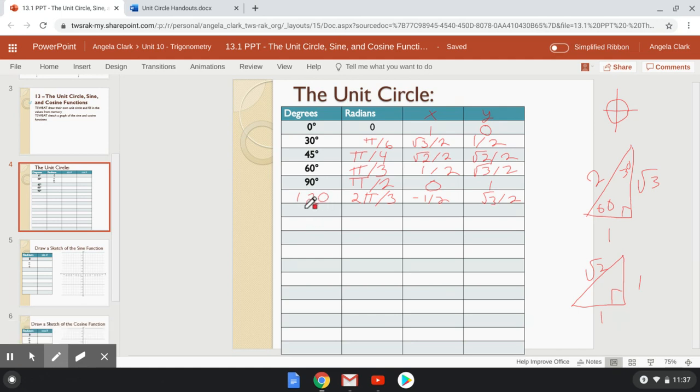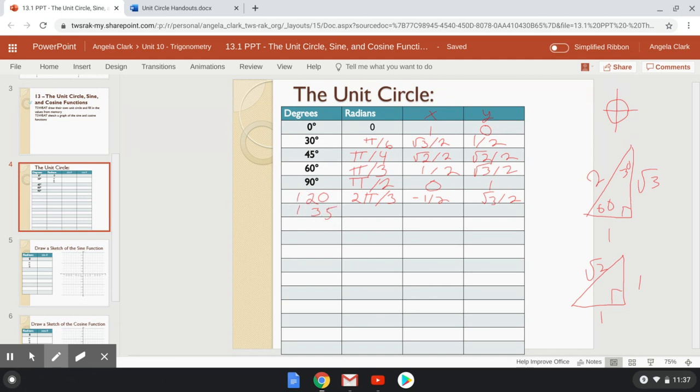Okay, so continuing on, 90 plus 45 is 135. You could just add 15 to 120 because 30 plus 15 is 45. So you could add 15 here, or you could just add 45 to 90. You got 135 as your next angle.